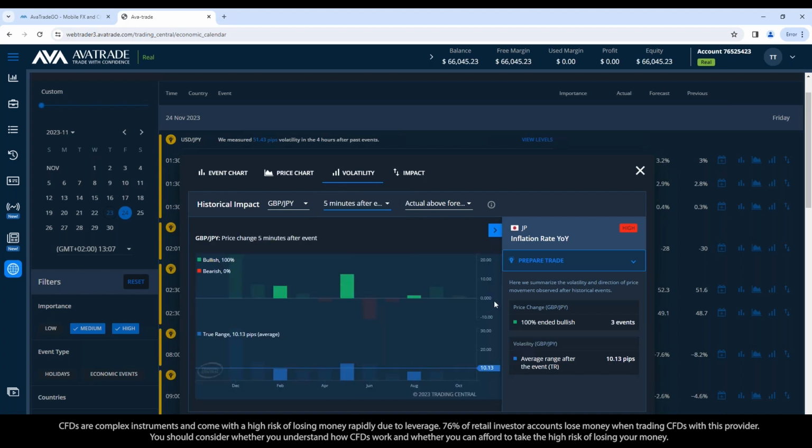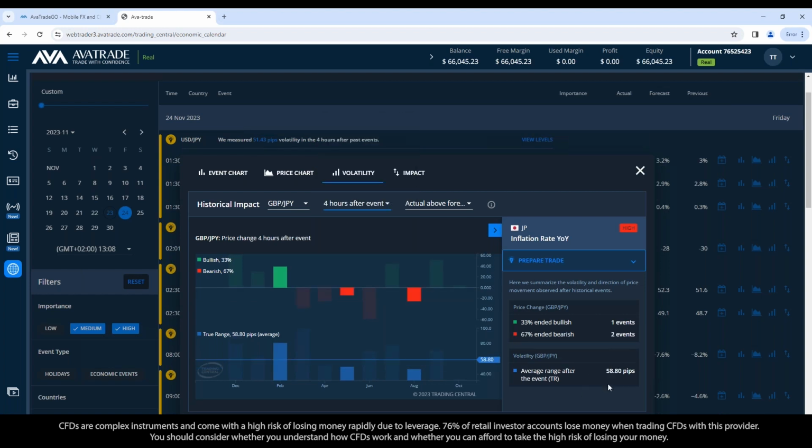So if that happens again, you could have a trading plan that if it comes in above forecast tomorrow, then you have a rule that if it spikes up in the first 5 minutes, maybe you'll sell with a stop loss a certain distance away and you take profit a certain distance. And you understand the distances that you would put, maybe 15 pip stop loss and 30 pip take profit, because you can see the amount of range movement that occurred in the past with this announcement.